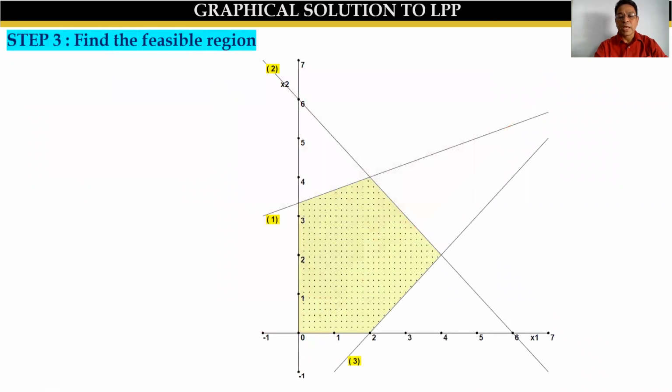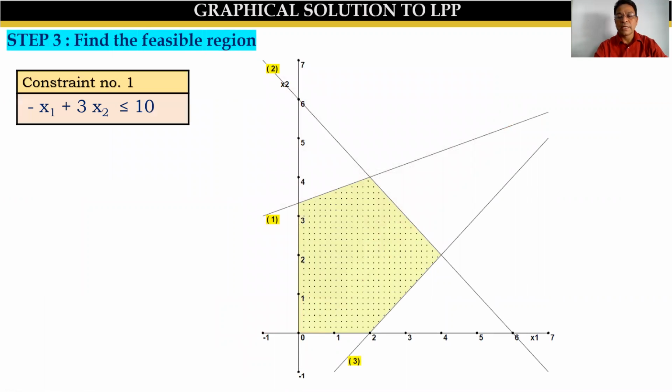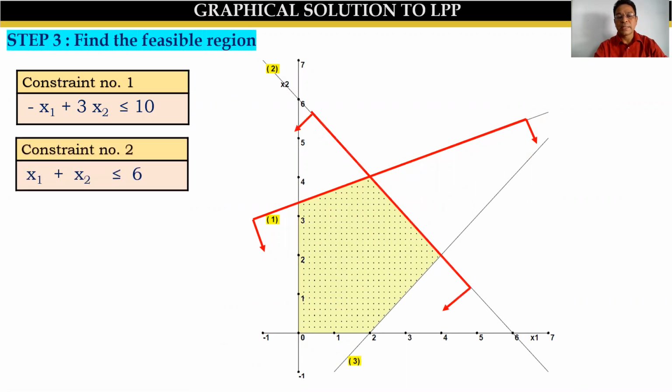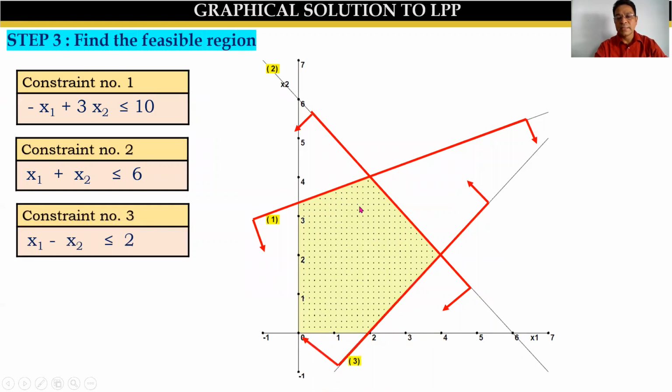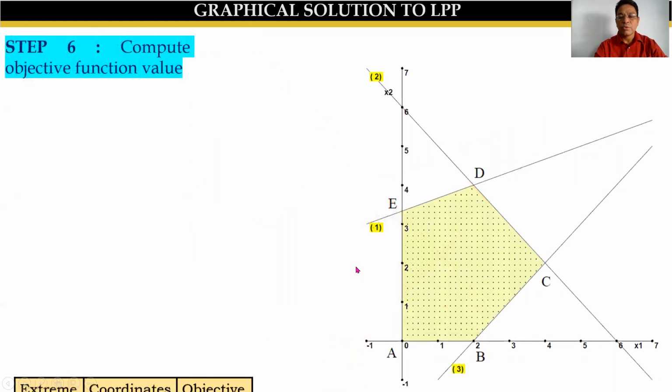Now next, if I consider all the 3 constraints, this is the first one, less than 10, second constraint less than 6, third constraint less than 2, I get this region which is the feasible region. It means that the answer will lie in this region. So what will be the answer?